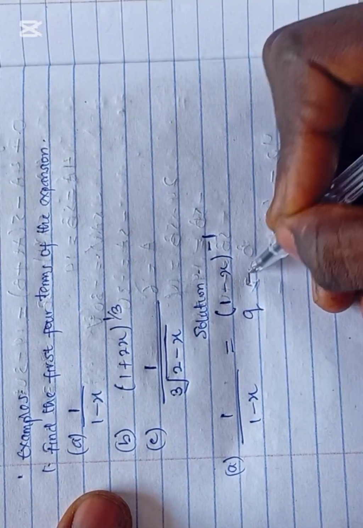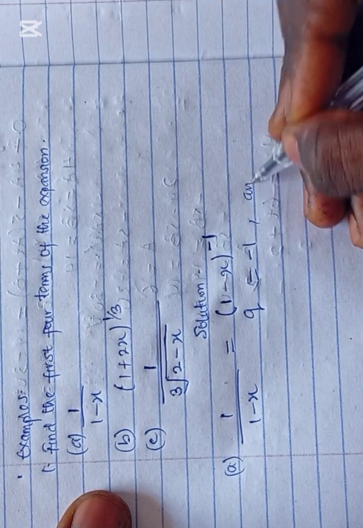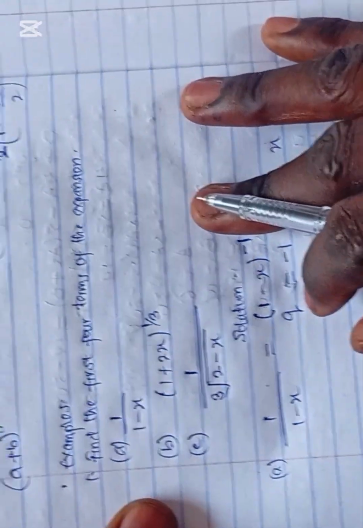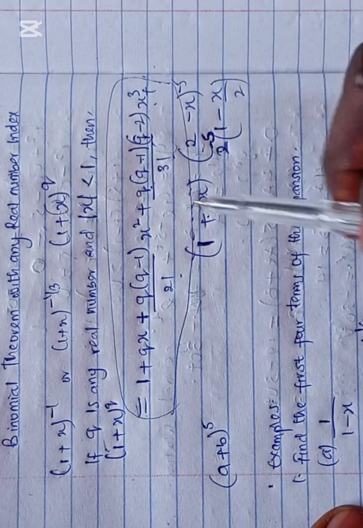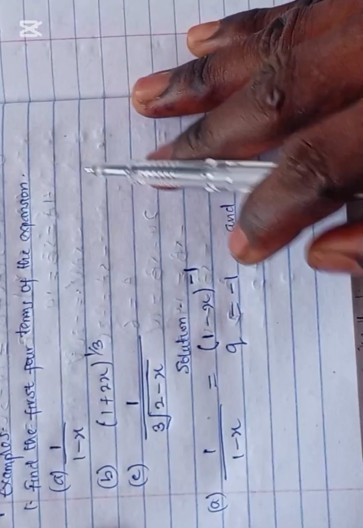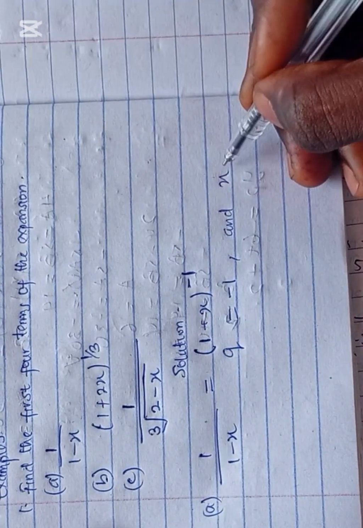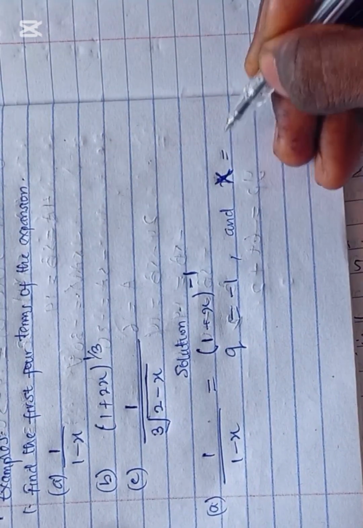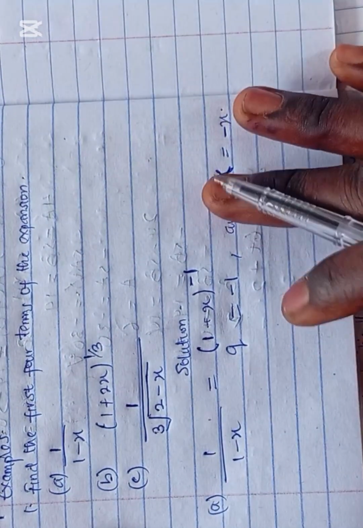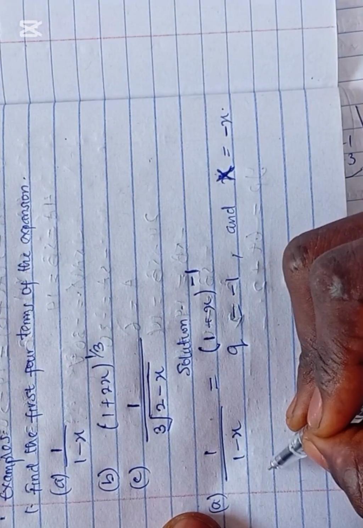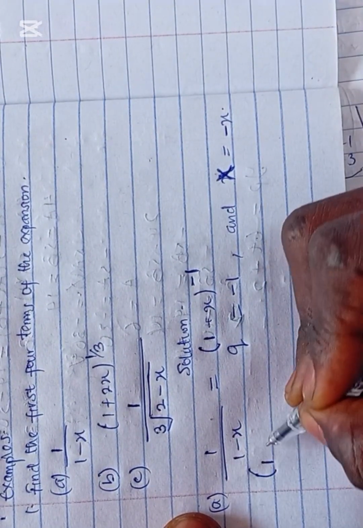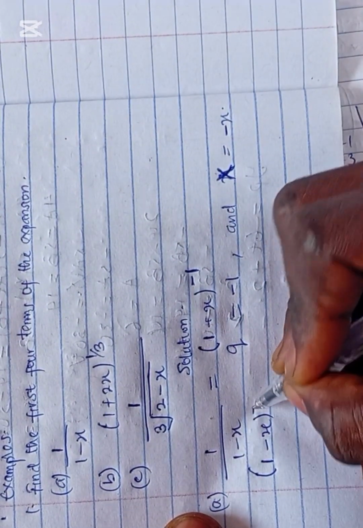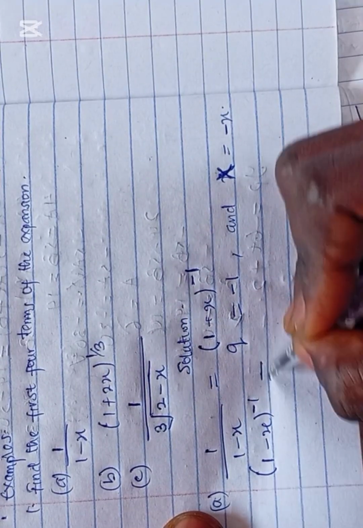It means your q is minus 1, and your x, you should remember this x, now it is minus x. Let me represent it by biggest equal to minus x. Do you understand? So the expansion of 1 minus x raised to power minus 1 will now be equal to what?